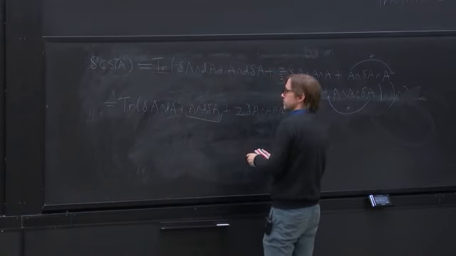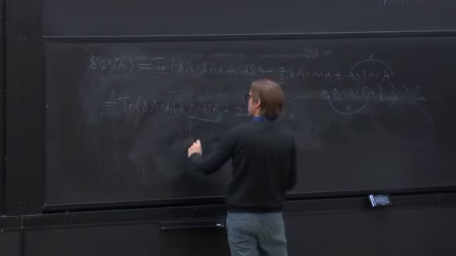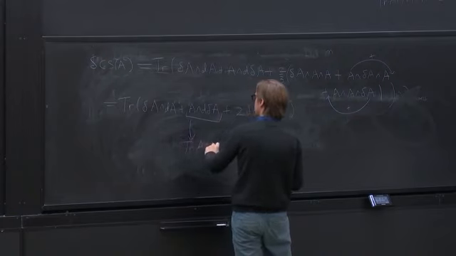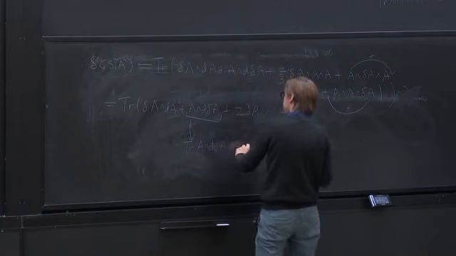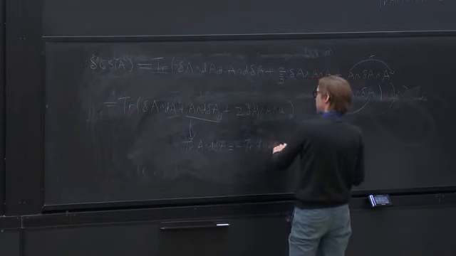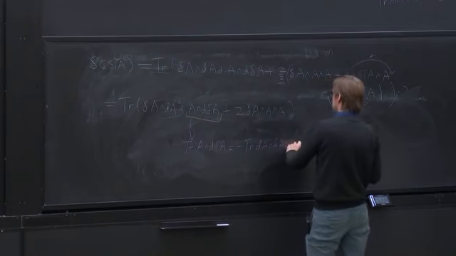Trace of A wedge d delta A equals minus trace of dA wedge delta A plus total derivative.